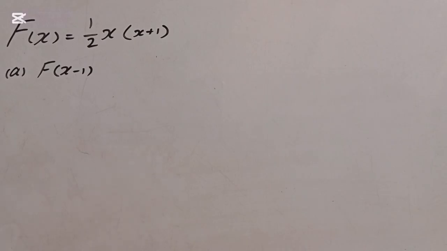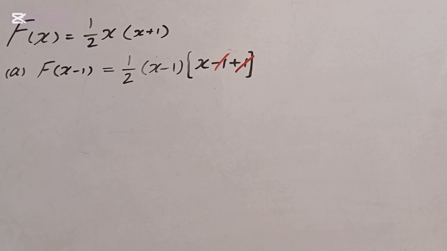It is the given function f(x) equal to 1 over 2x into x plus 1. Now to find out f(x minus 1), in place of x we will put x minus 1. This way f(x minus 1) is solved. Now minus 1 and 1 is cancelled out.